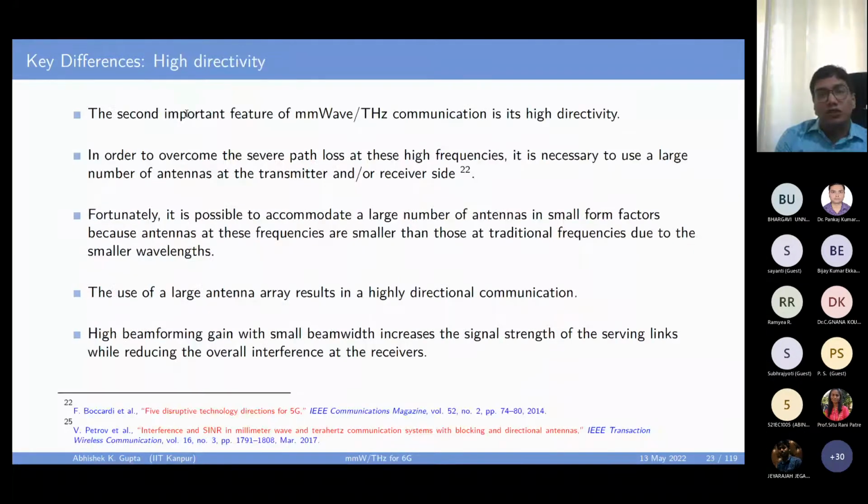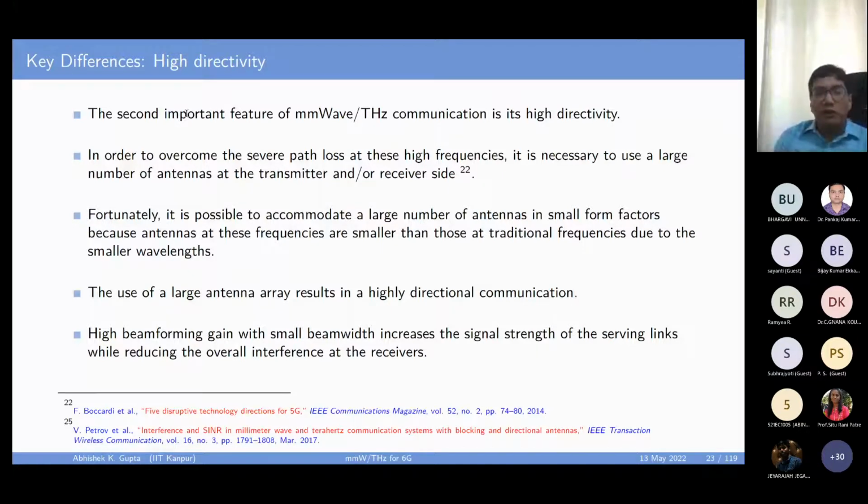Another key feature here is directionality. The way directionality came was when we talked about the millimeter wave propagation characteristics, we found that if we keep the antenna aperture the same, then the propagation loss decreases with frequency.